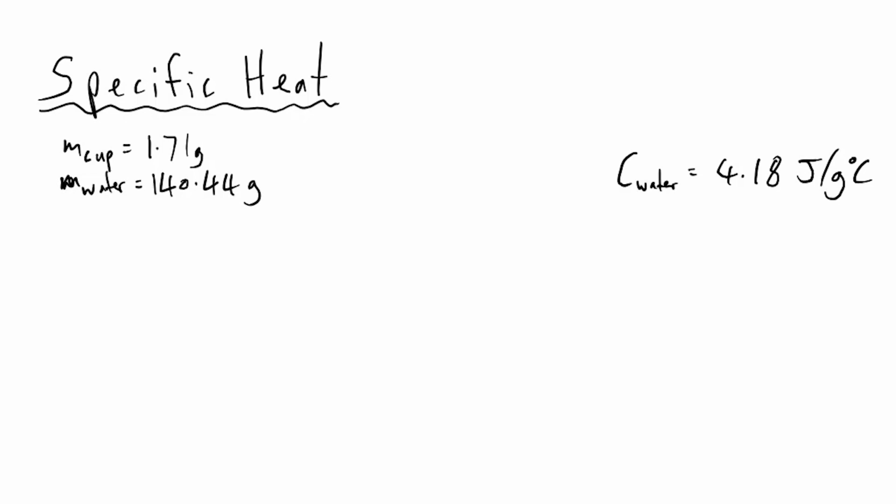So a gram times a degree Celsius, joules divided by that energy. So it's the amount of energy required to heat 1 gram of the substance by 1 degree Celsius or 1 degree Kelvin. The two are the same.